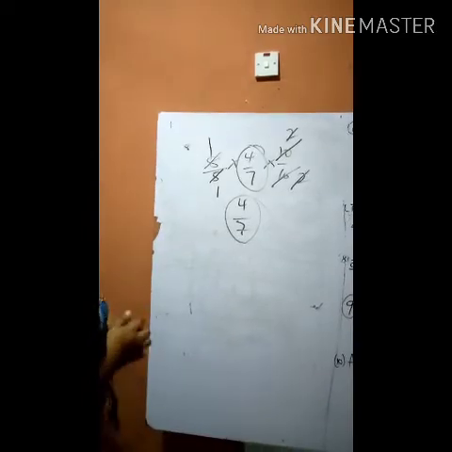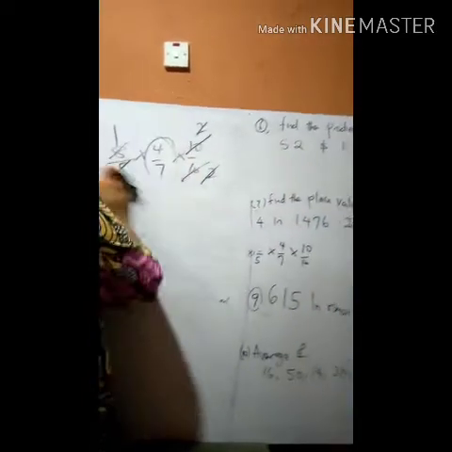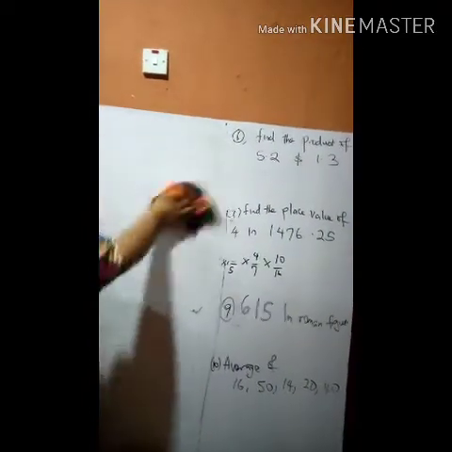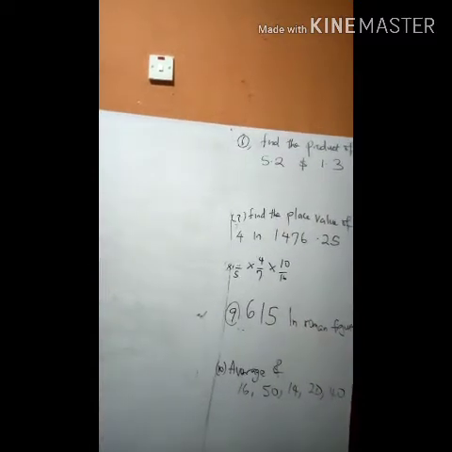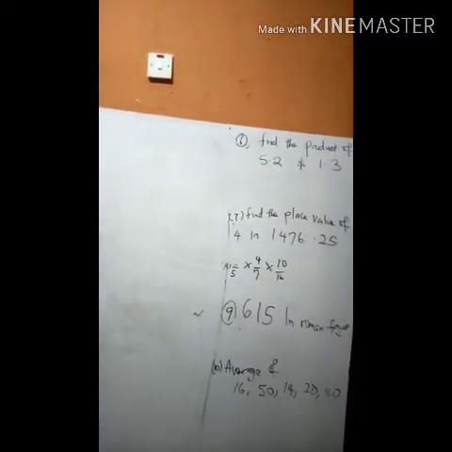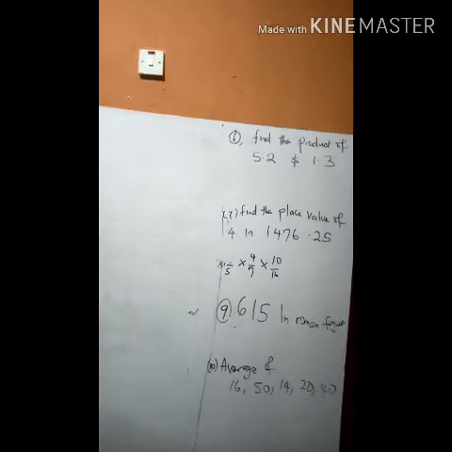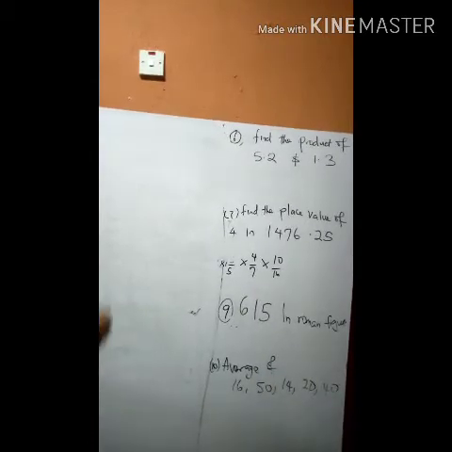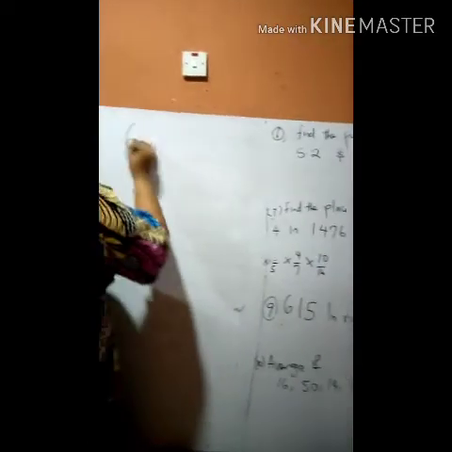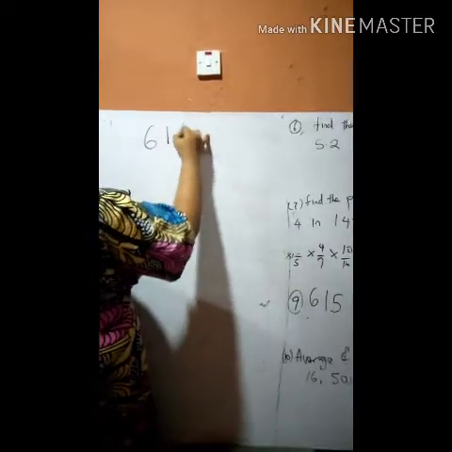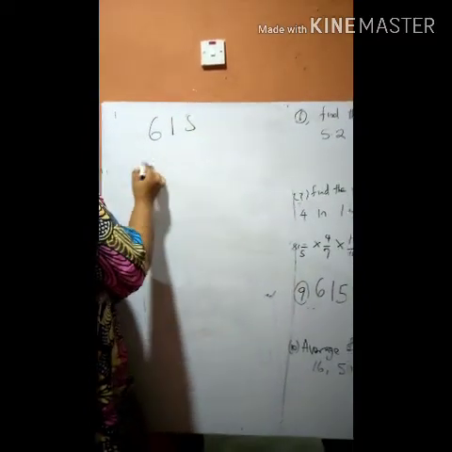The next question says I should find 615 in Roman figure. I have a video on Roman figures 1 to 100. It will help us. But most importantly, the number we are converting to Roman from Arabic is 615.